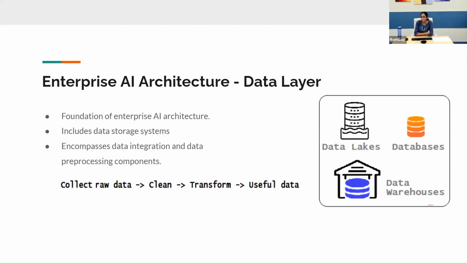Data warehouses also store structured information, whereas data lakes store both structured, semi-structured, and unstructured. The components involved in this layer are data integration and data pre-processing. By pre-processing data, we can clean, transform, and make it useful.